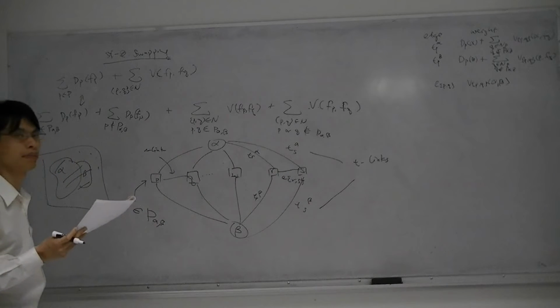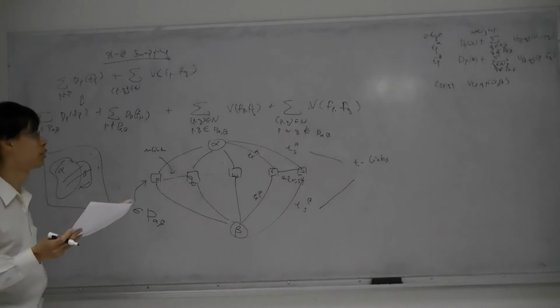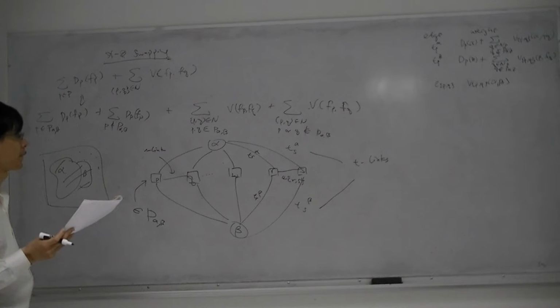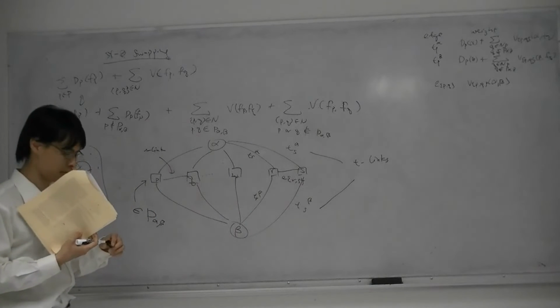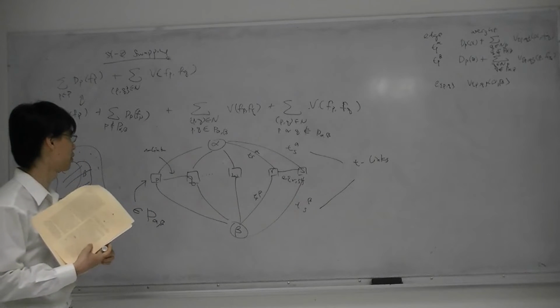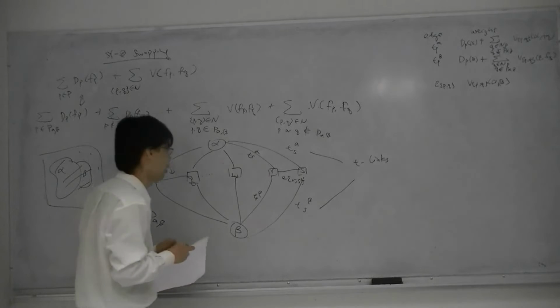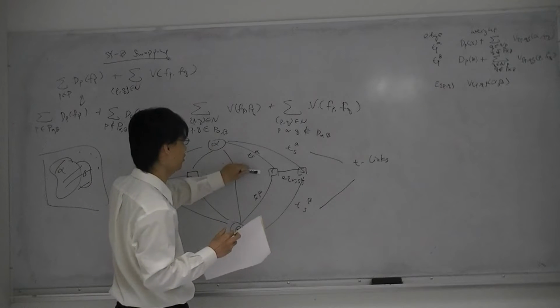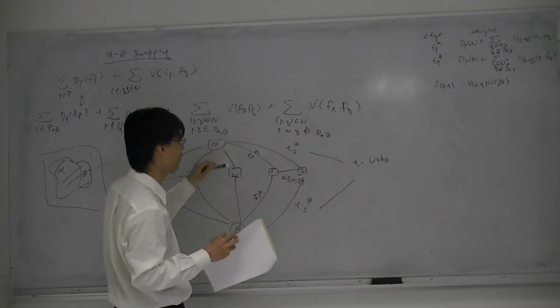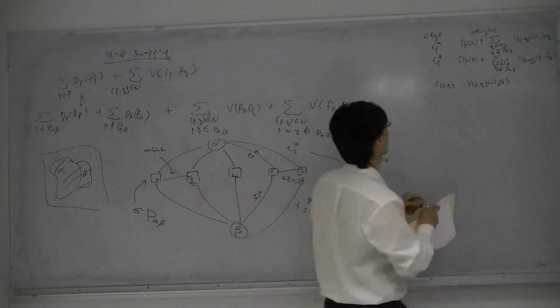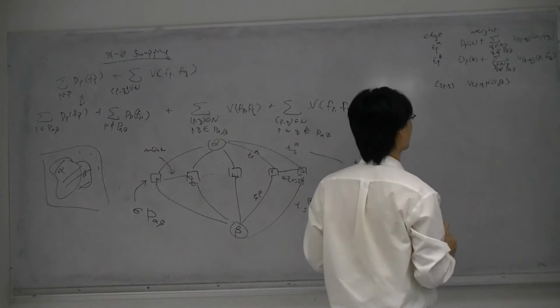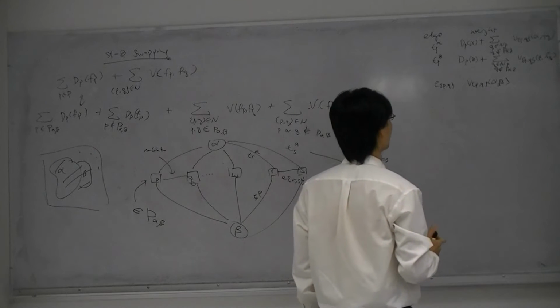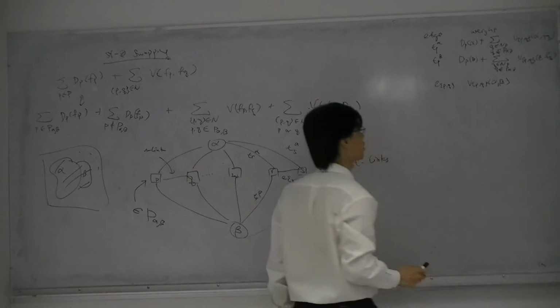And what's the edge between alpha, beta, and the pixels? Yes, that will be from alpha node to here, to a pixel, will be like TR alpha. The TR alpha is given by here. Like TP alpha will be something like that. And TP beta is something like that.